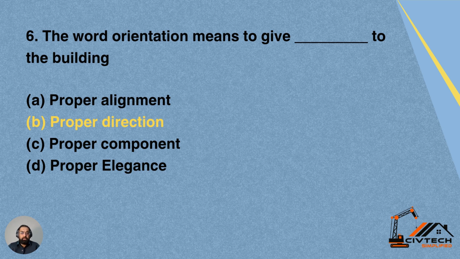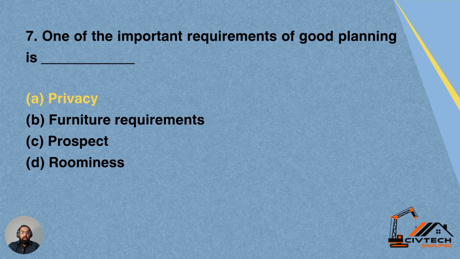Number C, proper components. Number D, proper elegance. So orientation basically refers to the setting of the direction for the building with respect to north, east, or south. So this is called the orientation. Option B is correct for this question. A proper direction of the building is set under orientation.